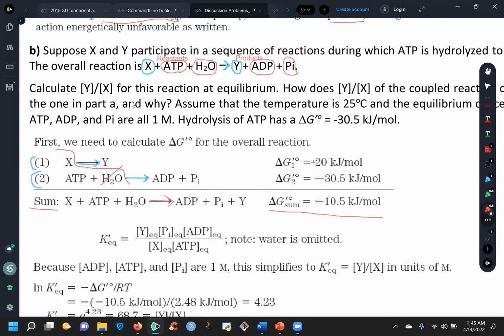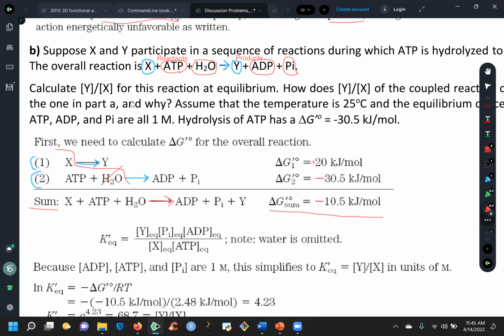This first example is at equilibrium. On the final, they're not going to be telling you, they're just going to give you hints. They're either going to say at equilibrium or under physiological conditions. You have to know what to do. This is what I mean, terminology, rules, all that.